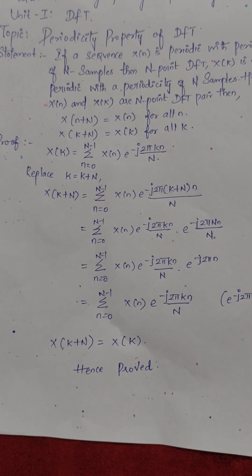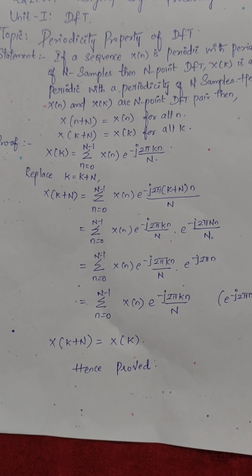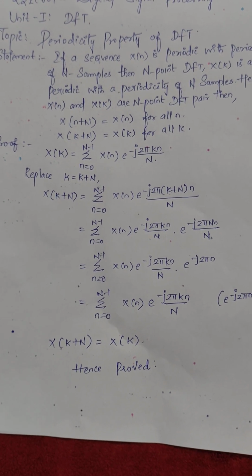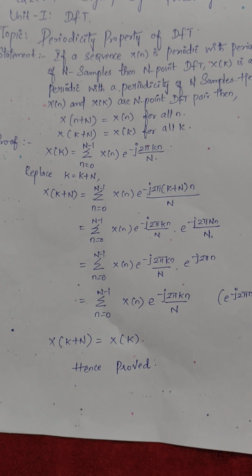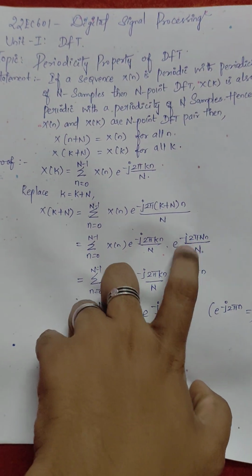One is e power minus j 2 pi k n by capital N dot e power minus j 2 pi N n divided by capital N. Okay, what about the next step? This capital N gets cancelled.